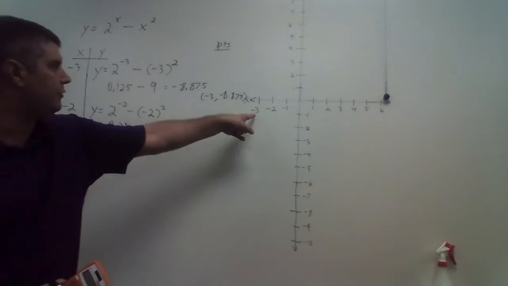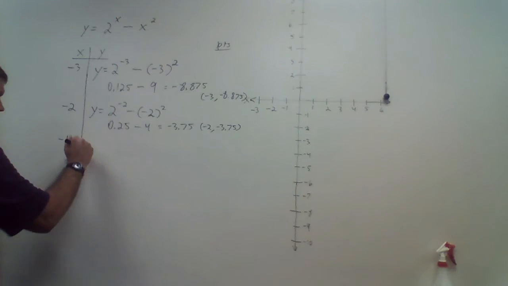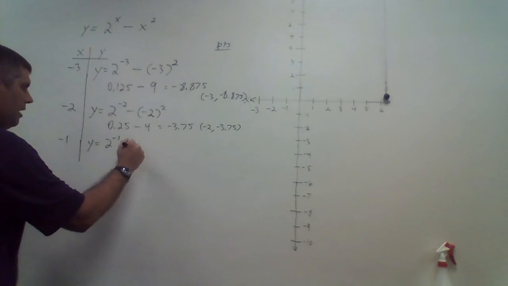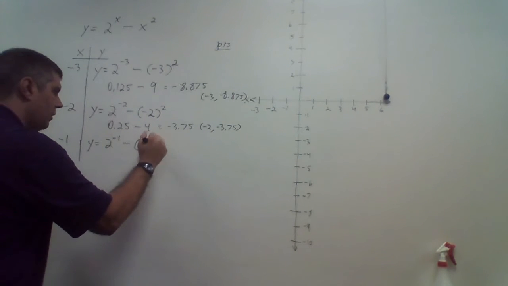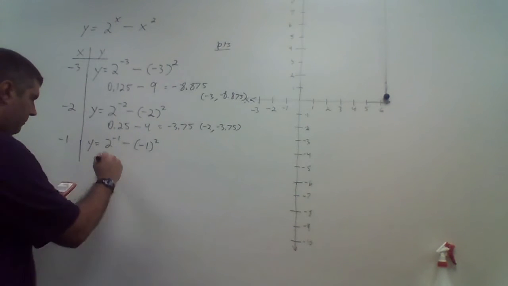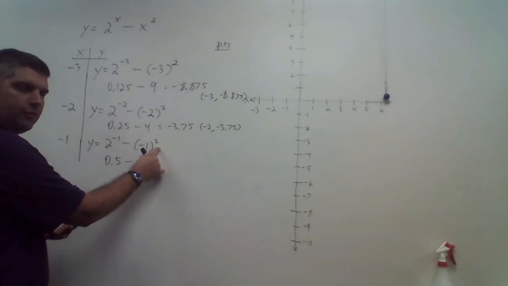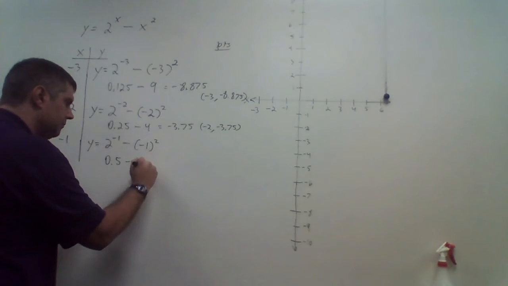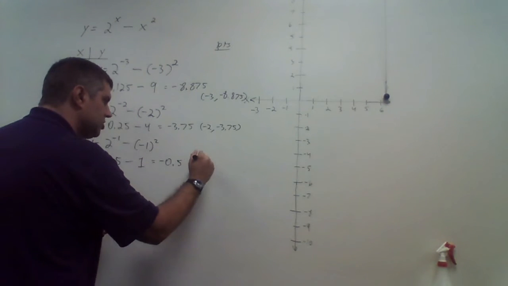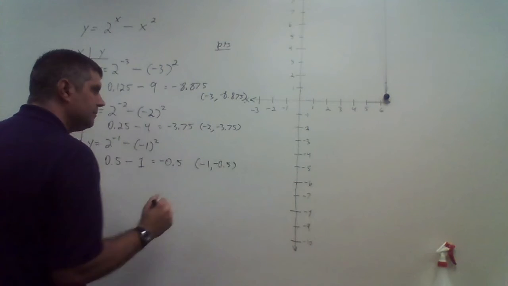Now we'll let x equal negative 1. Y equals 2, x replaced with negative 1, minus negative 1 squared. So 2, generic power button, negative 1, I get 0.5 minus negative 1 times itself, which is positive 1. 0.5 minus 1 is negative 0.5. So negative 1, negative 0.5.